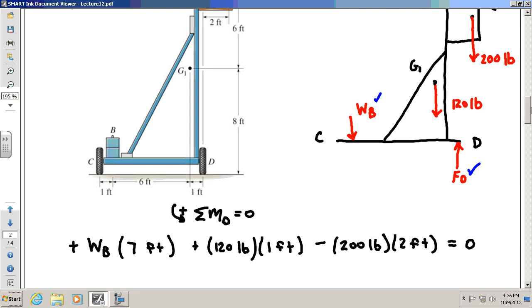That equals 0. Now the math here is a lot easier to solve for the counterweight. It's basically 120 minus 400, and then you bring it to the other side. So it's 280 divided by 7. It turns out to be easy. It's 40 pounds.